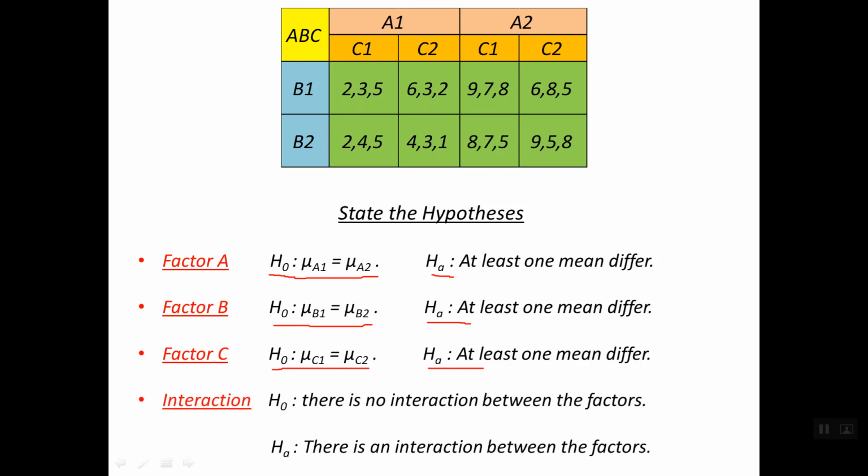We have 4 interactions between the 3 factors. So the null hypothesis for the interaction always states that there is no interaction, while the alternative hypothesis states that there is an interaction.